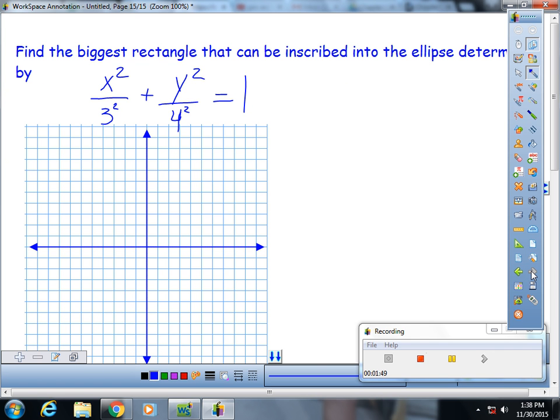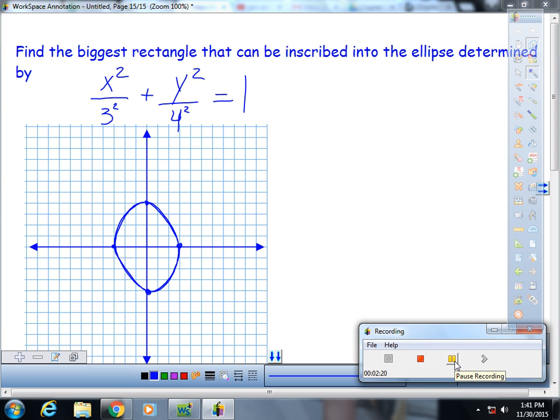at this problem. What if I wanted to find the biggest rectangle that could be inscribed into the ellipse right here? So we'd be at 3, 0, negative 3, 0, 4, 0, 0, 4, excuse me. And I know that doesn't really look like an ellipse, but it is.